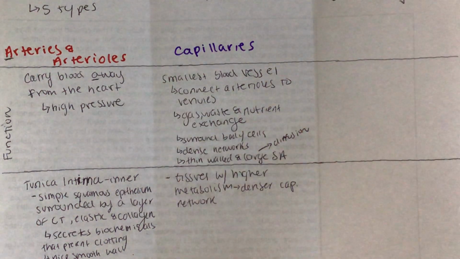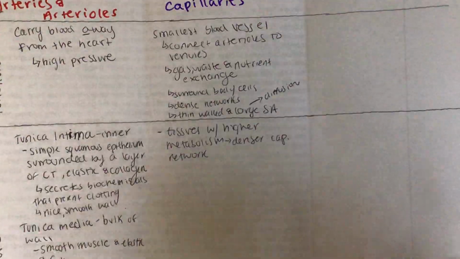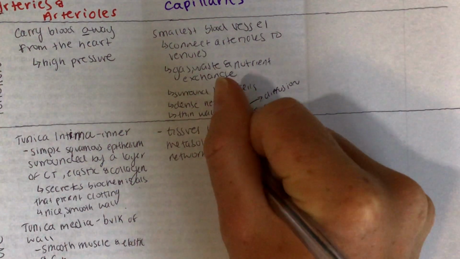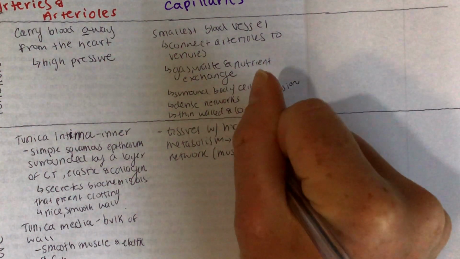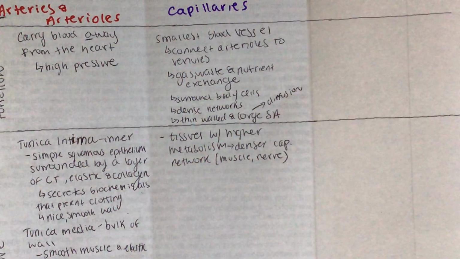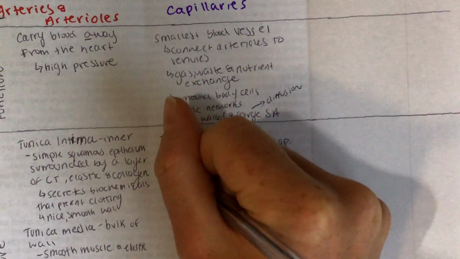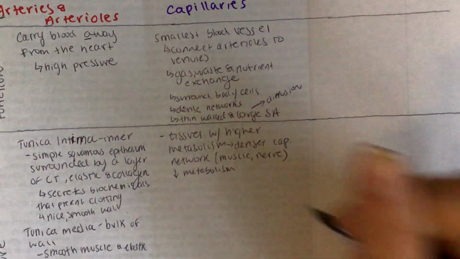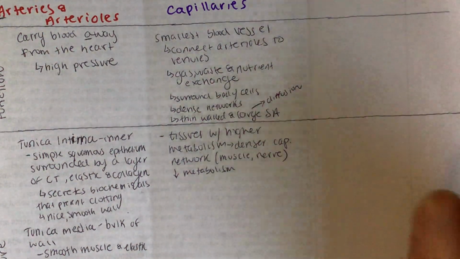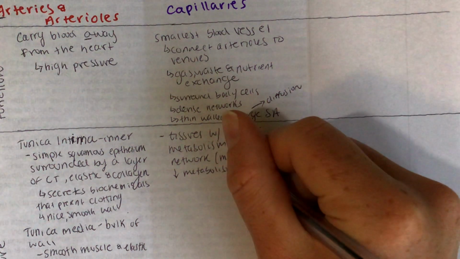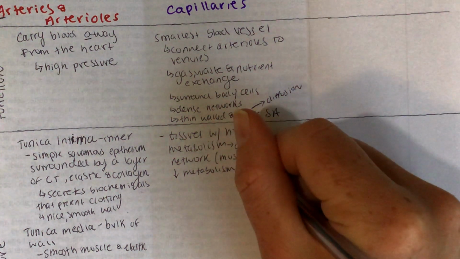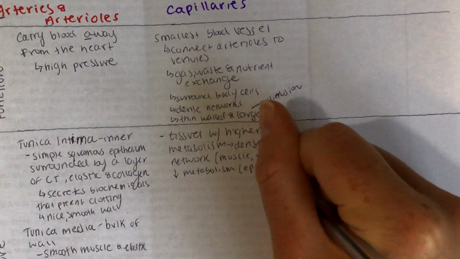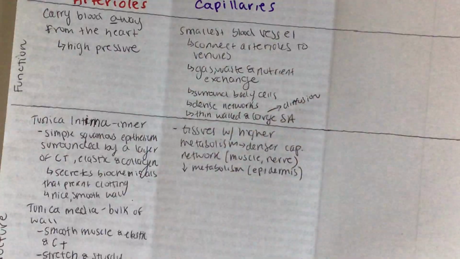There's going to be tons more capillaries there. And that will be things like muscle tissue, nerve tissue, and those with a lower metabolism are going to have a lighter capillary network, would be things like the epithelium. Or let's go with epidermis, the skin. Okay.